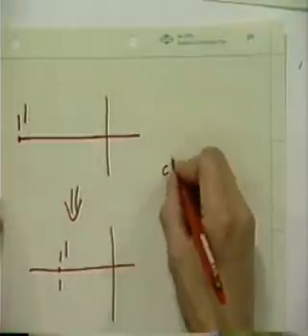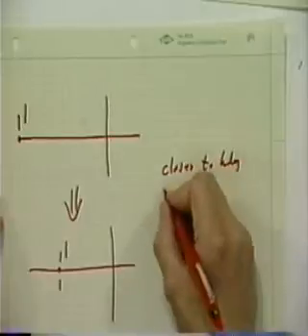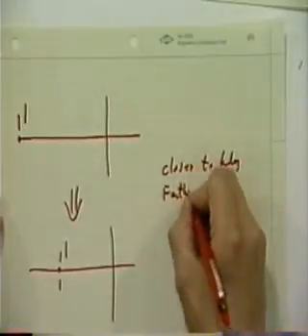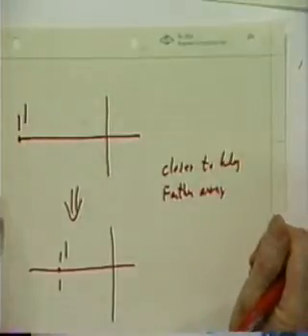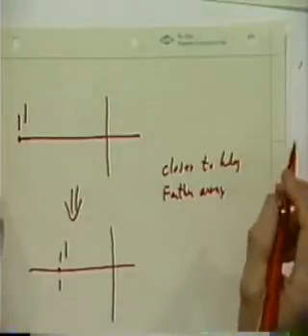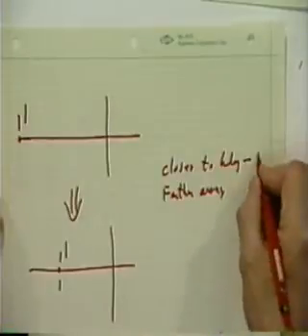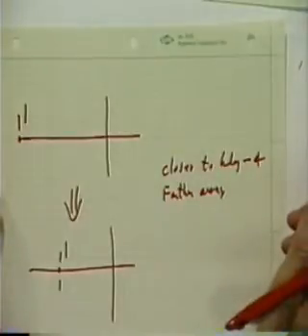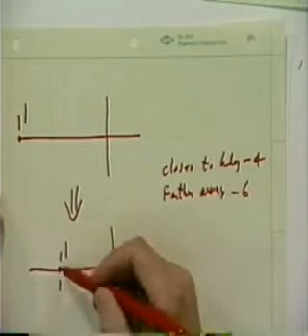So, say closer to hologram, farther away. How many say closer? One brave person. 2, 3, 4. Oh, getting more brave as time goes on. How many say farther away? 1, 2, 3, 4, 5, 6. And everyone else, same plane.